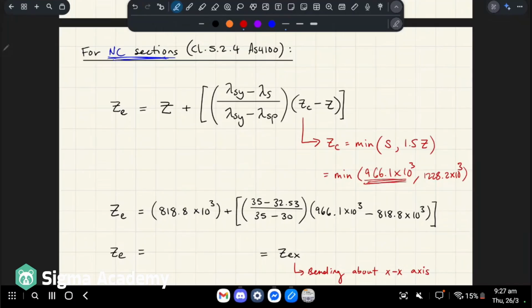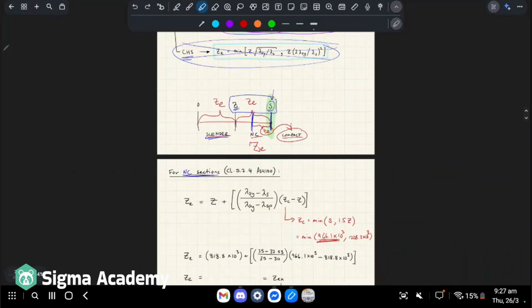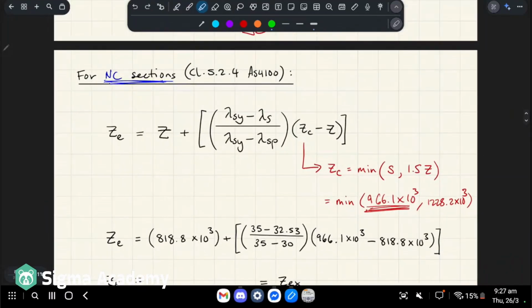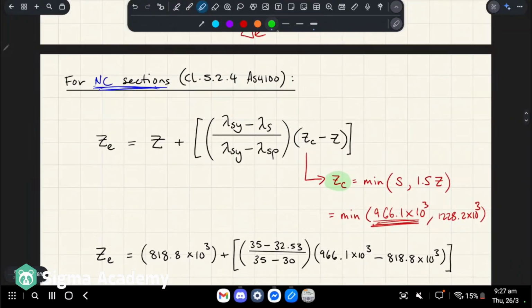The minimum is just S. So we're sitting here, because 1.5Z brought us out here, and so we're taking the minimum. It's just this one. So that is what the compact effective section modulus would be, and that goes into here.